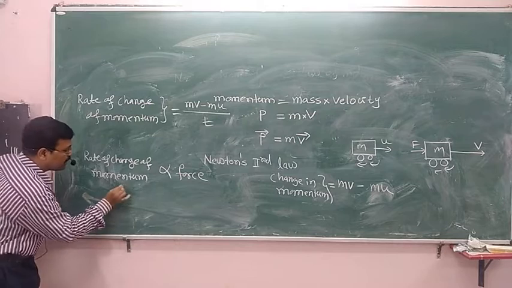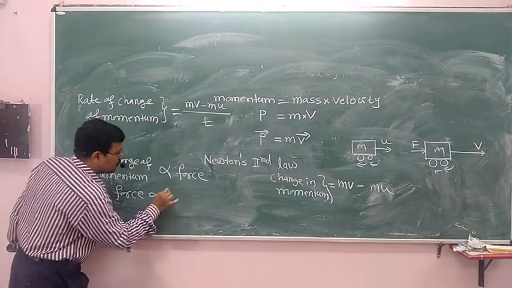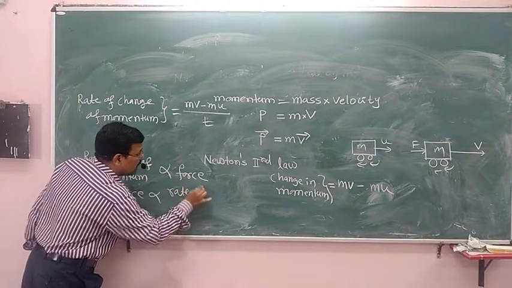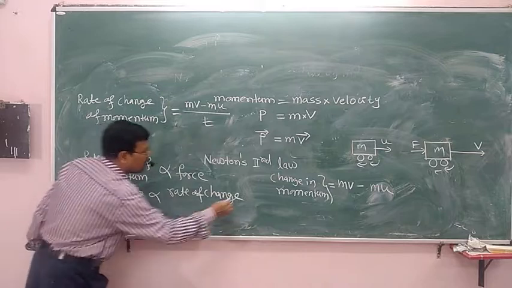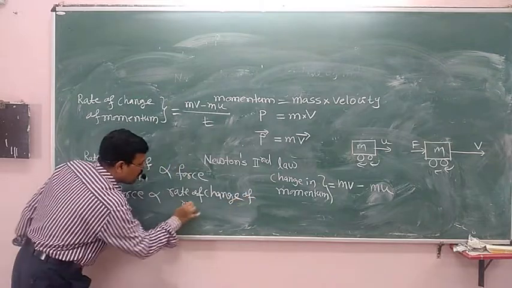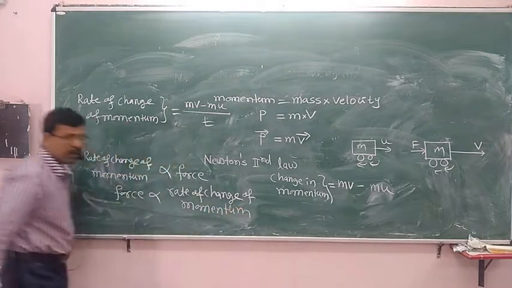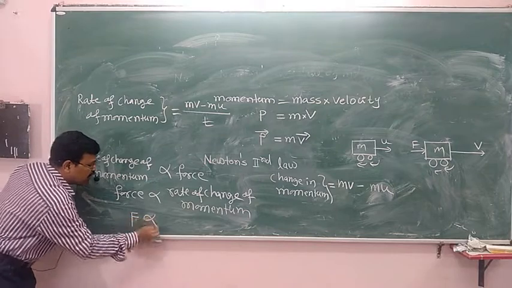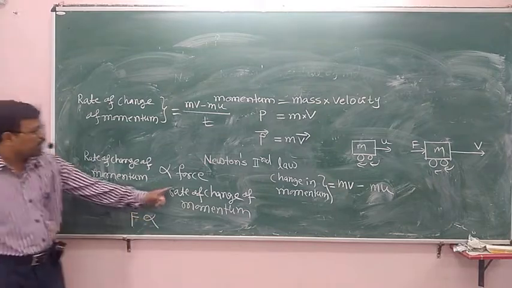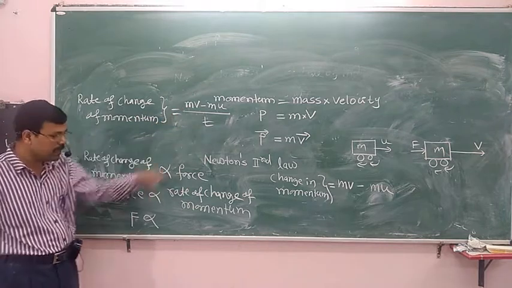I can write that force is directly proportional to the rate of change of momentum. Force F is proportional to the rate of change of momentum, that is mv minus mu by t.